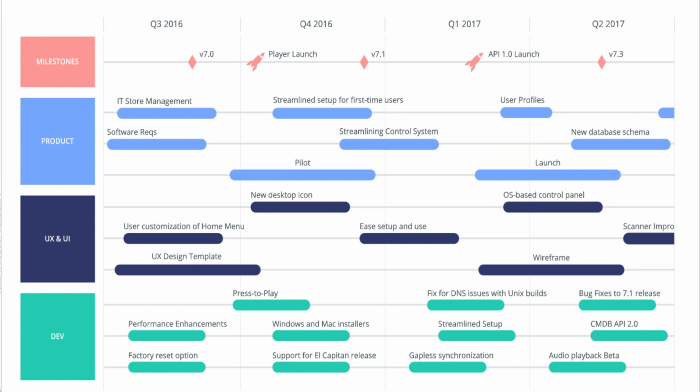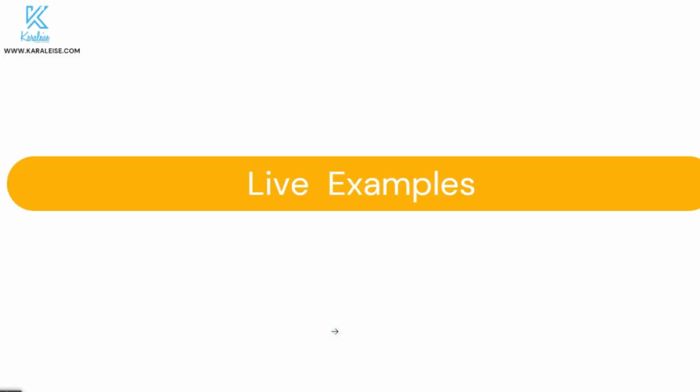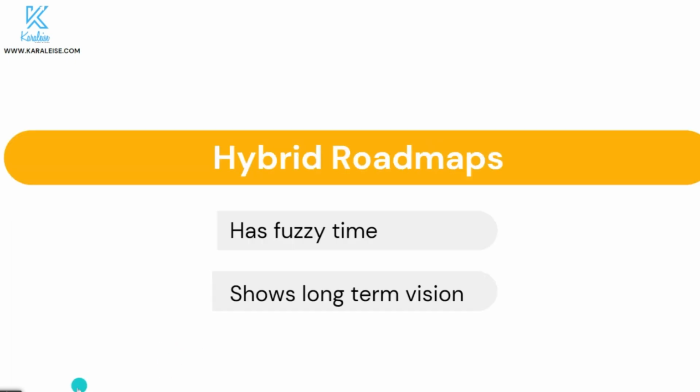Or Q2, Q3, and we can move things around in Q3. So once you deliver it within that 3 months, nobody really can say you didn't meet your timeline, right?